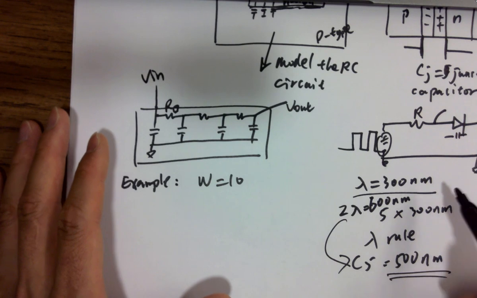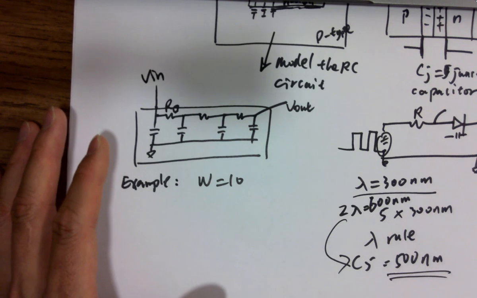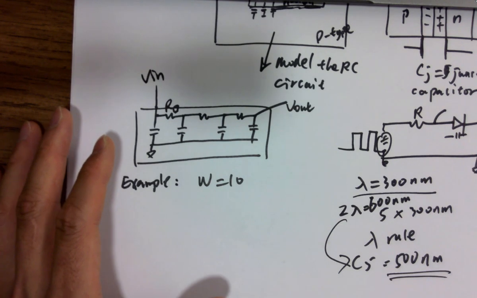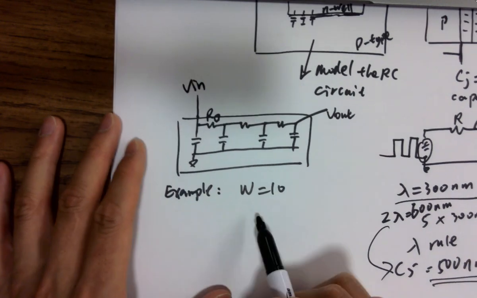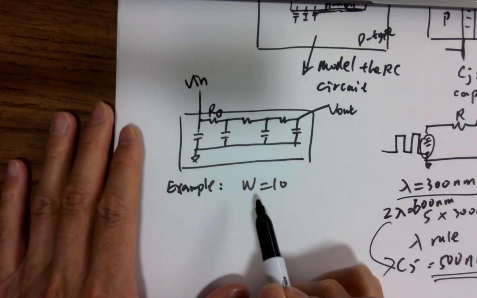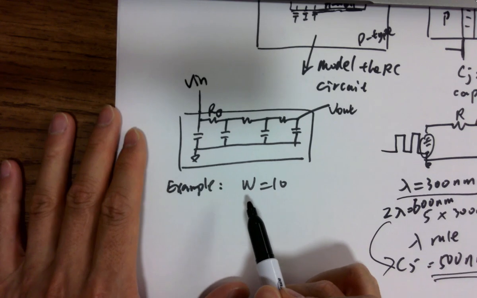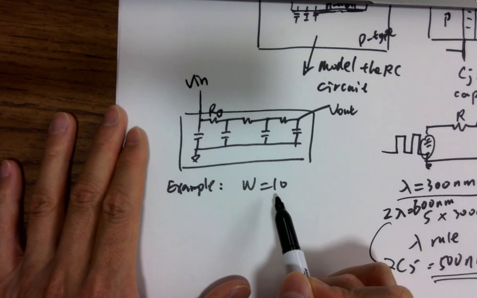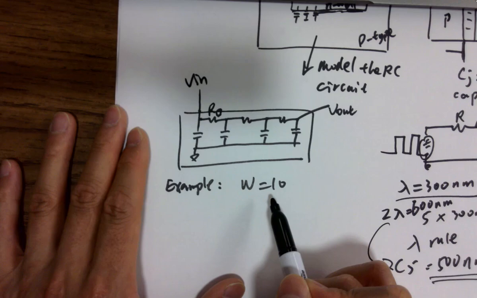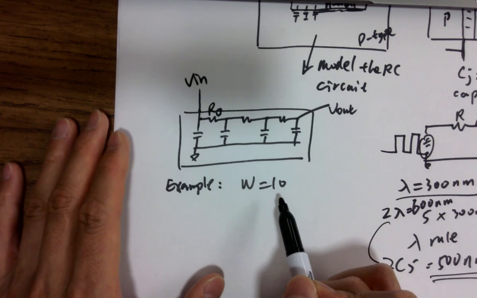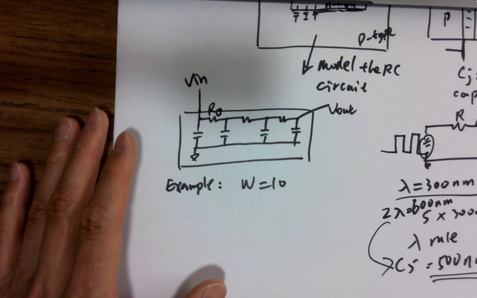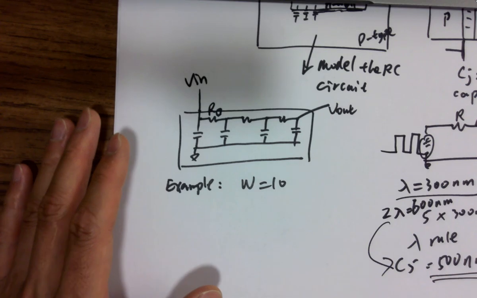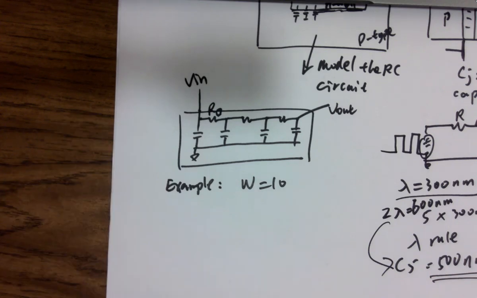So it's multiples of lambda, but the minimum is usually 2 lambda. All right. So when we are talking about this, we don't really need lambda, but you need to know that if we are using this number in Electric VLSI, the layout tool, this actually stands for 10 lambda, because a lot of times you see a transistor labeled as 20 versus 10, but it doesn't have a unit with it. So you need to know that it's actually 20 lambda times 10 lambda.